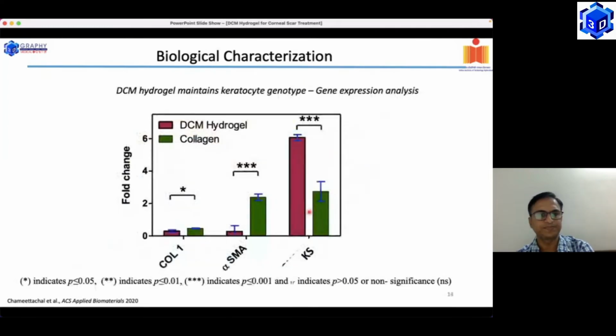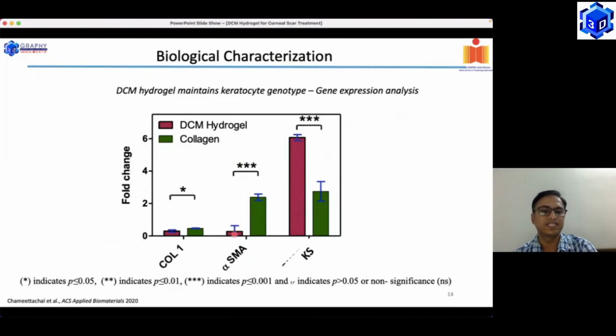We have also studied the gene expression profile. Keratan sulfate is a protein present in the cornea tissue, the major cornea matrix protein, and the gene responsible for it is expressed very highly within our DCM hydrogel. We compared with a standard material like collagen, and found that the cells in the DCM hydrogel produce very little alpha-SMA, the smooth muscle actin.